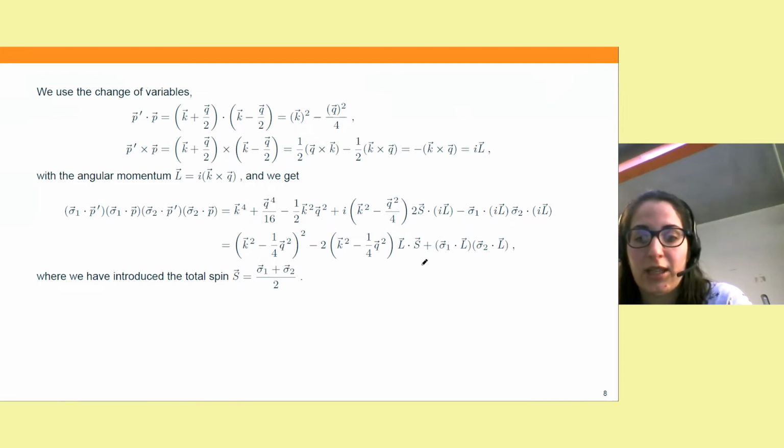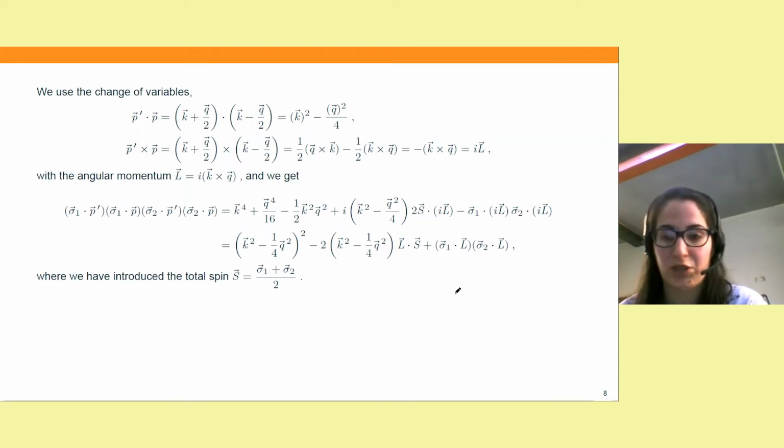And then we get this spin orbital factor here, this L times S. And we have defined this, as I said, this total spin has been defined as the sum of the Pauli matrices divided by 2, and we have introduced it in these expressions here.